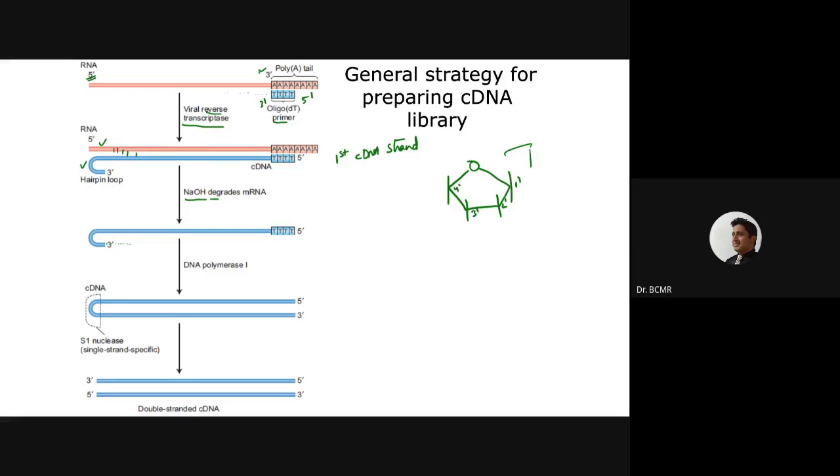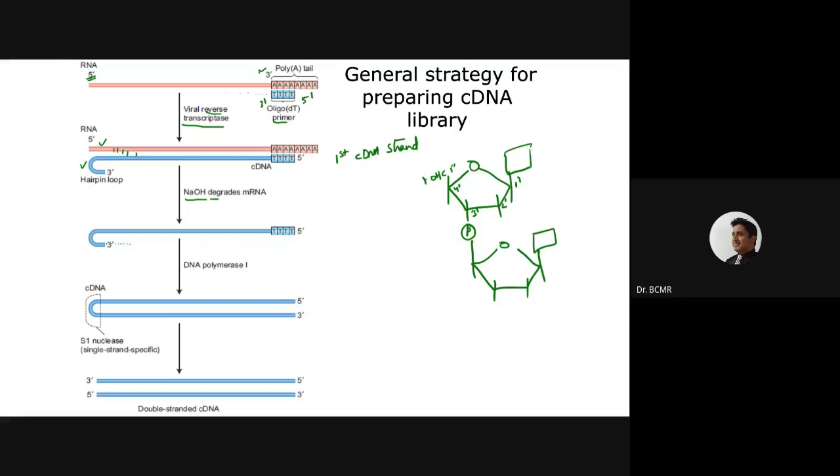This is 3', this is 4', and this is the 5th prime, CH2OH, something like that. And here would be the phosphate from the other ribose, something like this. This would have been the other base.